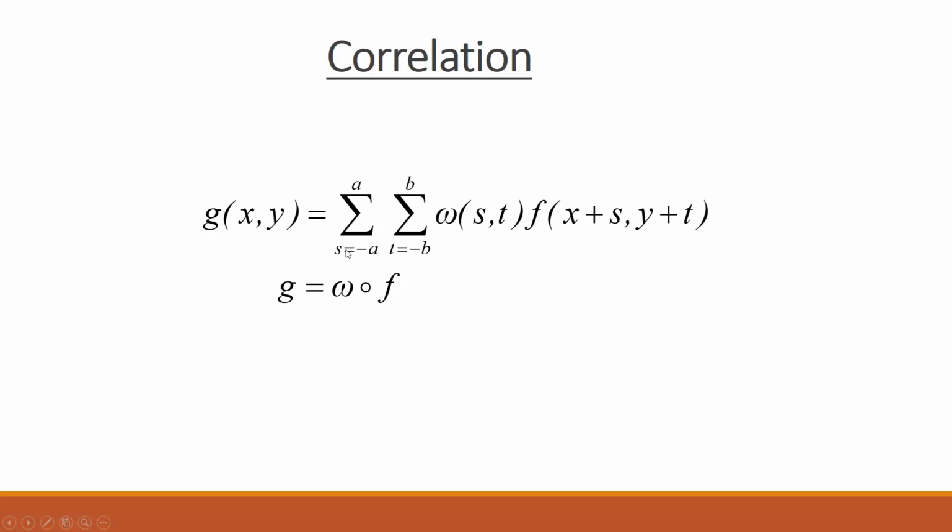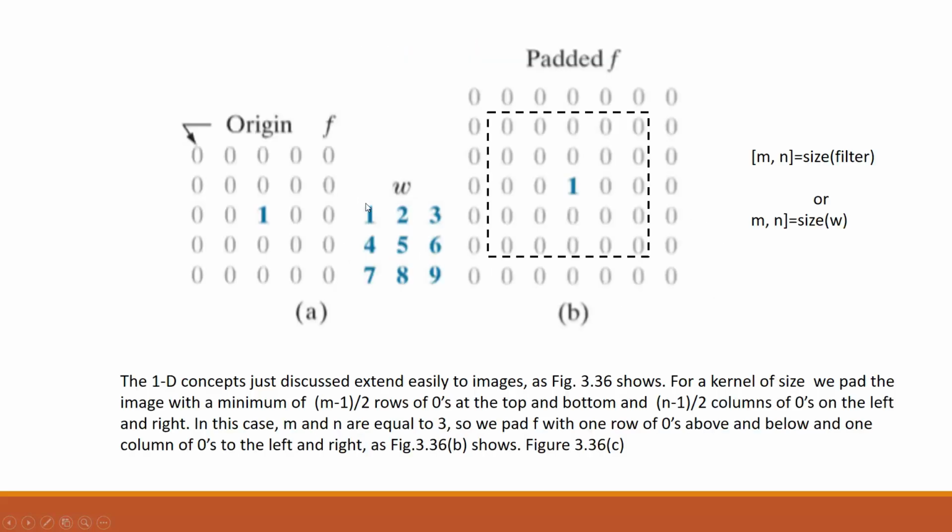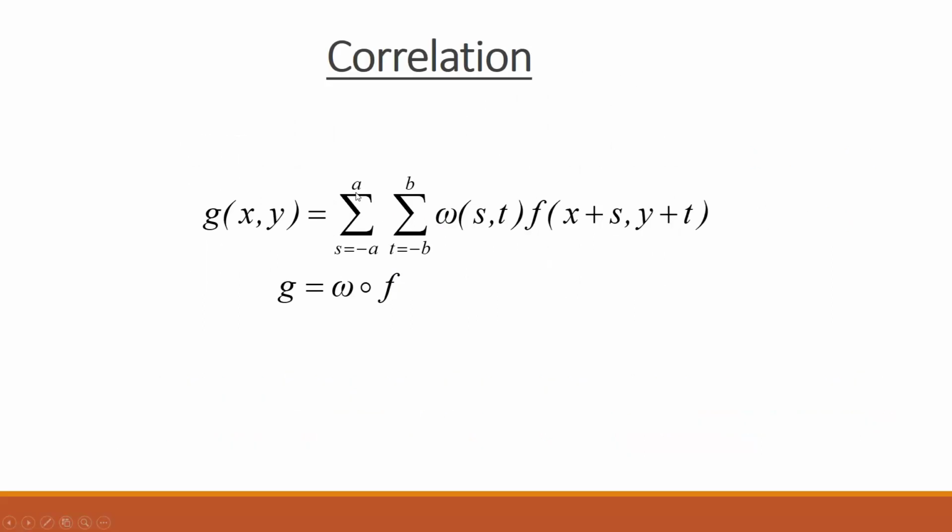Here the kernel size is 2A cross 2B. So now S will vary from minus A to plus A, and T varies from minus B to plus B. Or in short, we can write G of X comma Y is equal to W correlation F. This symbol represents the correlation.